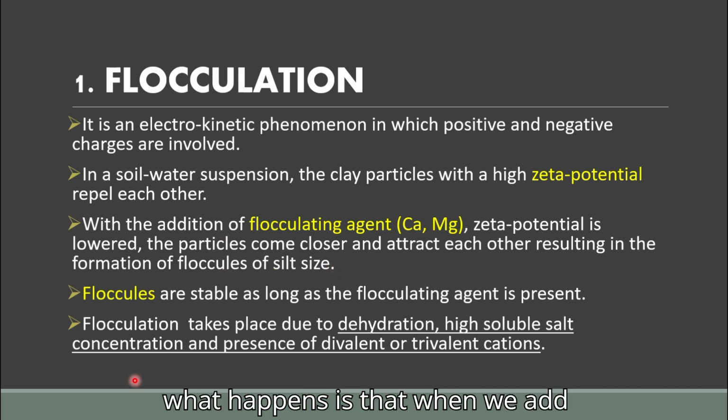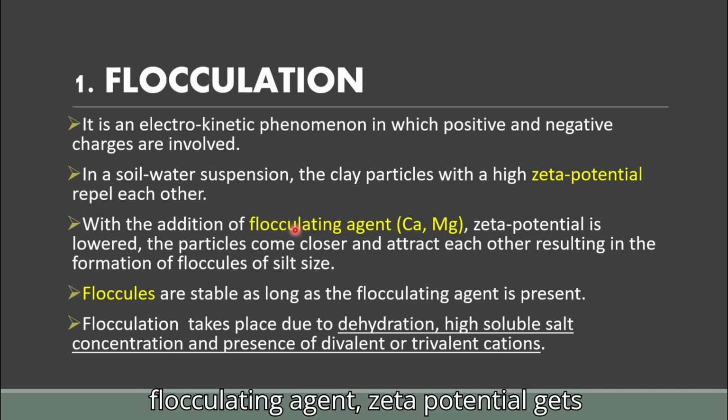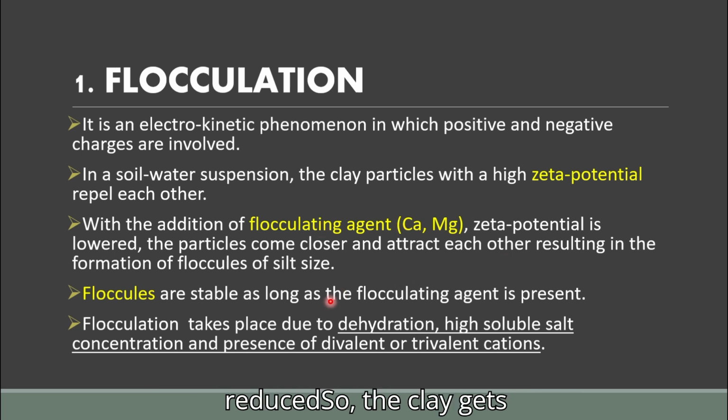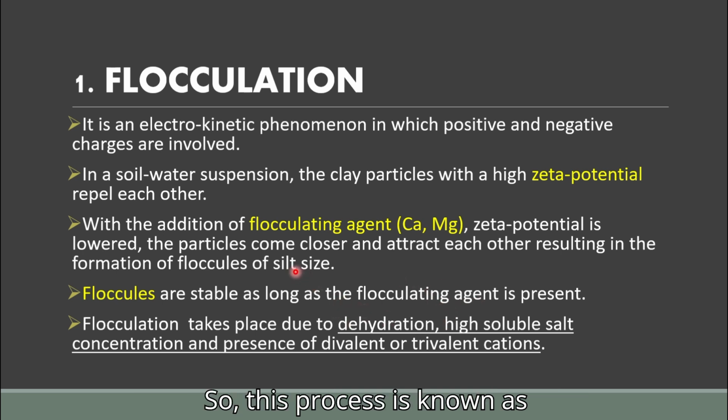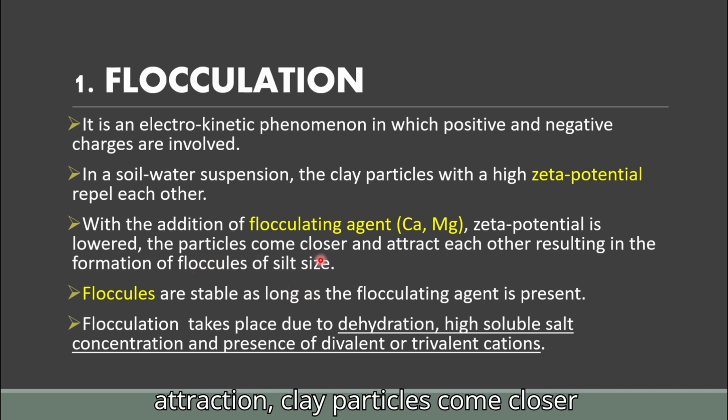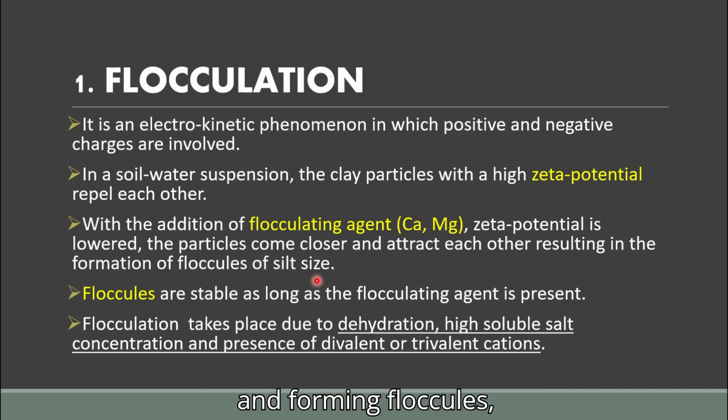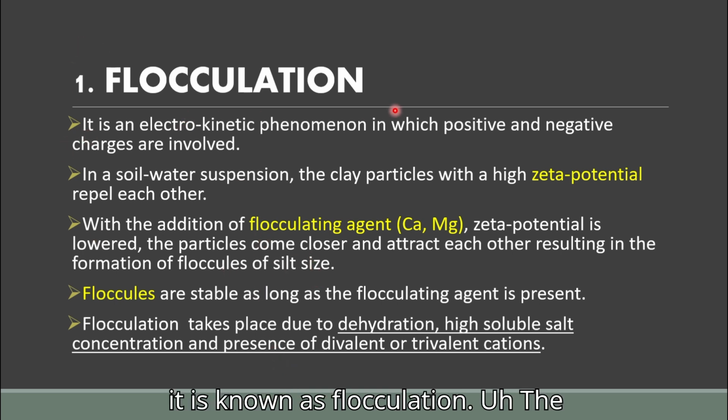So what happens is that when we add a flocculating agent, zeta potential gets reduced. So the clay particles get attracted to each other and form flocules. This process is known as flocculation. The process of attraction, where clay particles come closer and form floc or flocules, is known as flocculation.